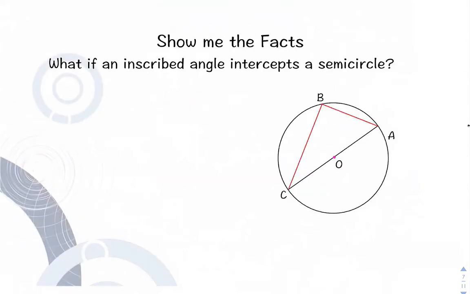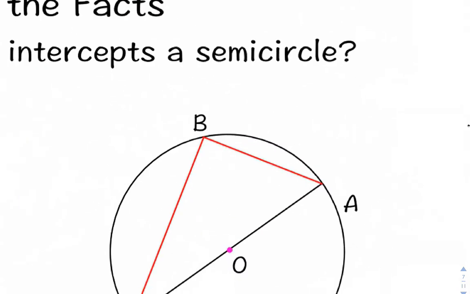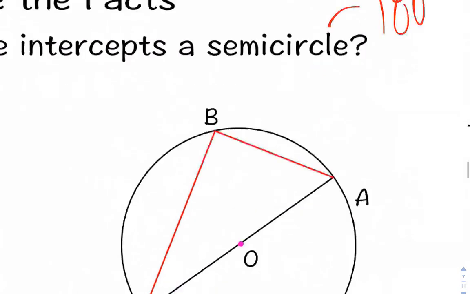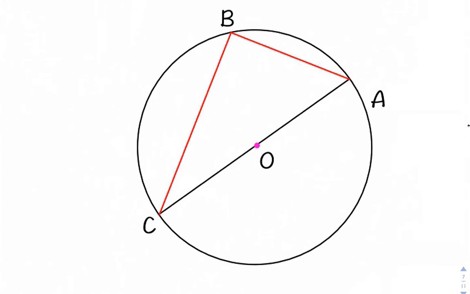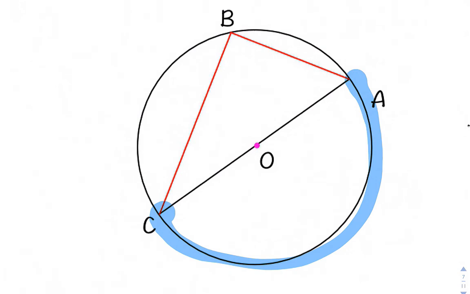Okay, so what if an inscribed angle intercepts a semicircle? Well, remember, a semicircle is how many degrees? 180. Okay, so it's half of your circle. So in this case, our semicircle that is being intercepted is from A to C or C to A. So we know that is 180 degrees.